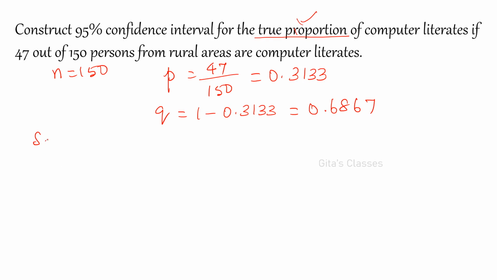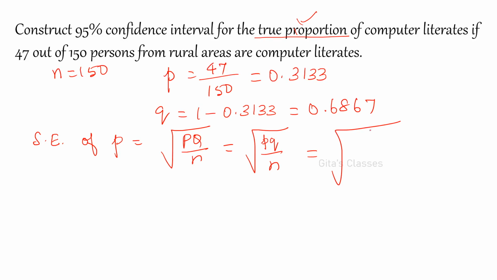Now you can directly write the formula, or you can find the standard error of P, which is root of capital PQ by n. But if capital P is not given, because it is a large sample, you can replace capital P by small p and capital Q by small q.